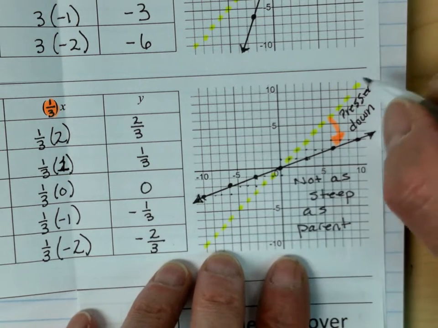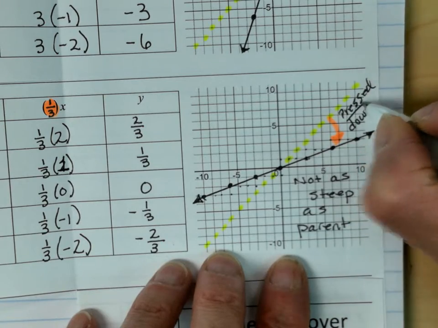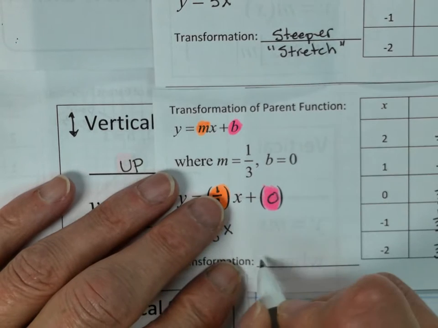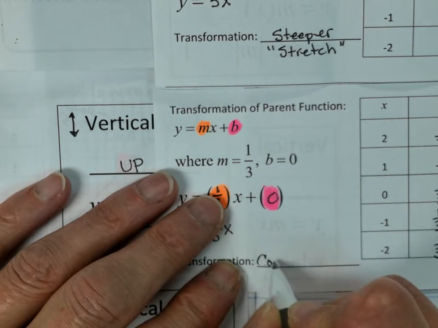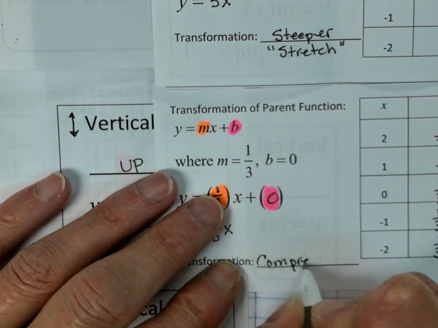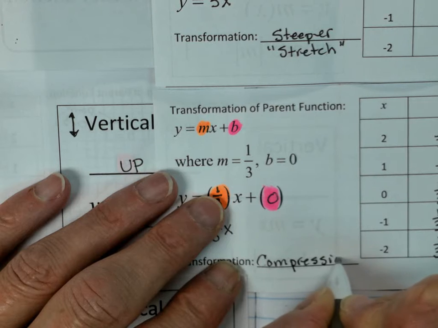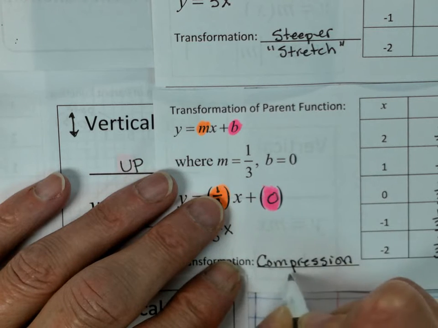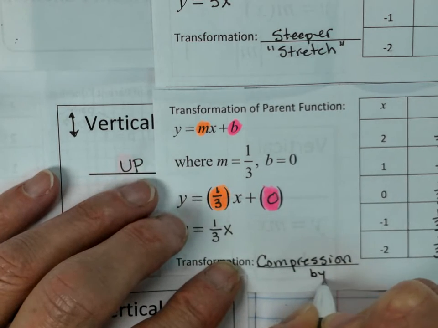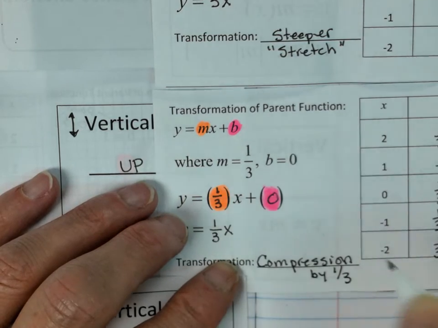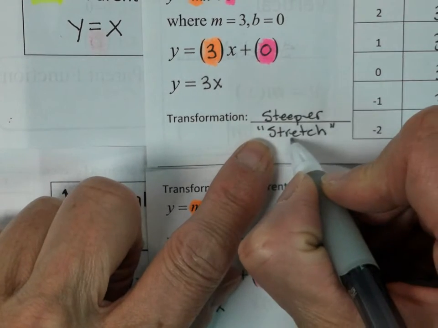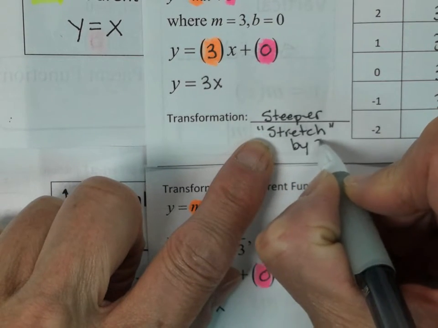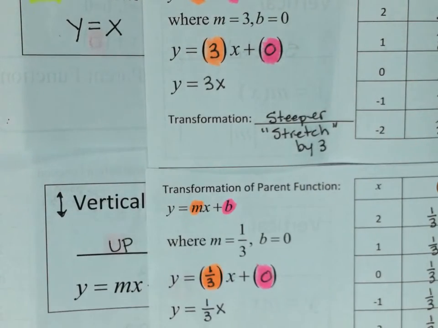Okay, so I said press, so this is a compression. So this here is going to be a compression by 1/3. Okay, the one above was a stretch by 3.